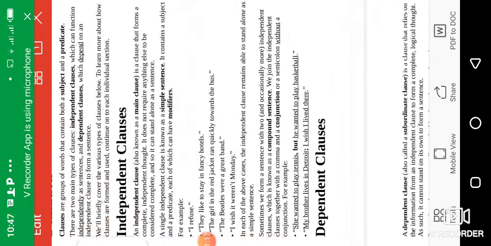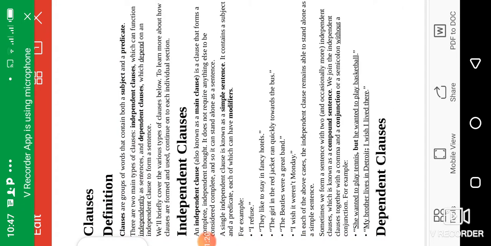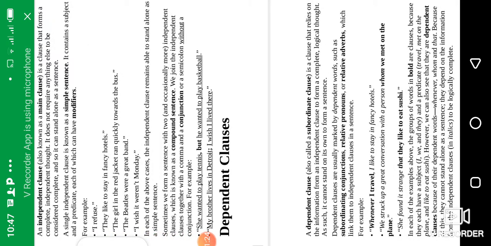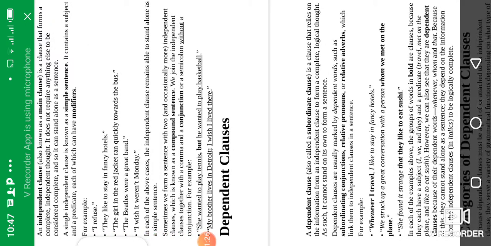But in today's lesson we have understood what the clauses are, what are the independent clauses, and what are the dependent clauses.